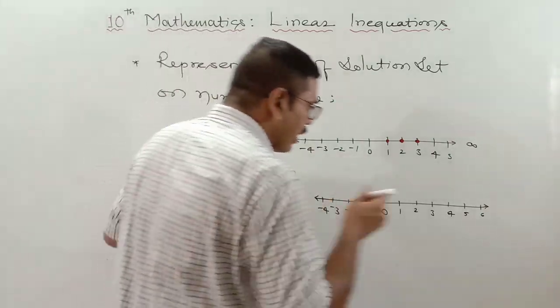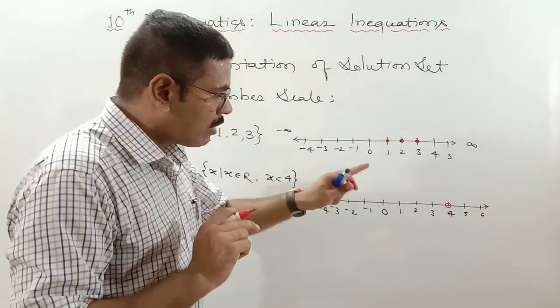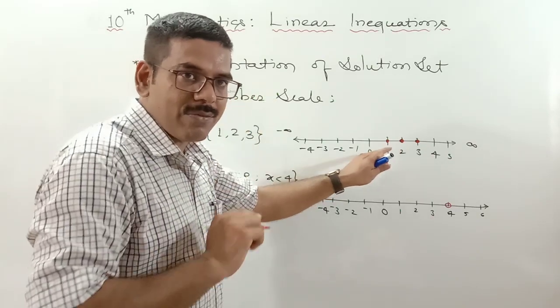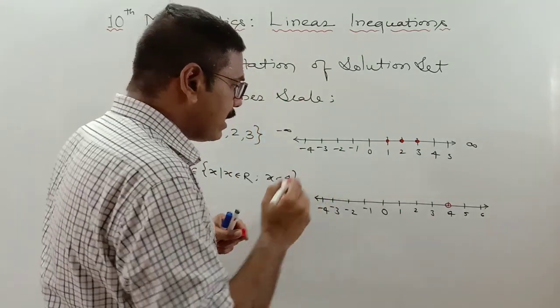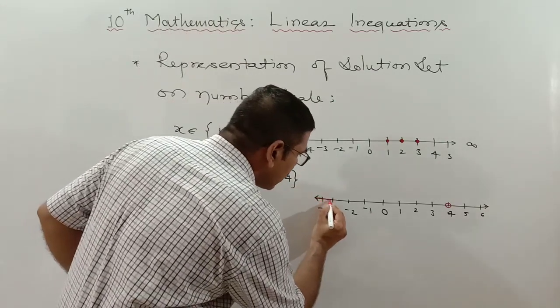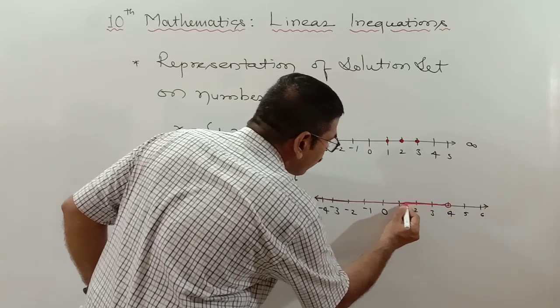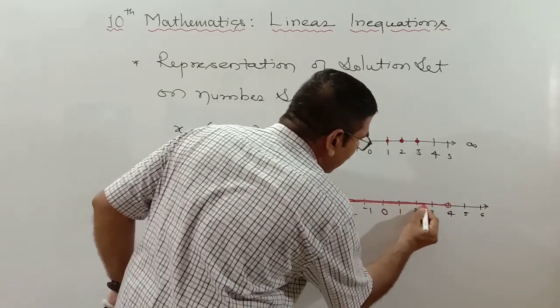So we'll just make a vacant circle over the 4. It will not be filled; it is blank from inside. We'll make a blank circle on 4. And then we'll draw a line over the number scale from 4 to minus infinity. We'll make this line darker.